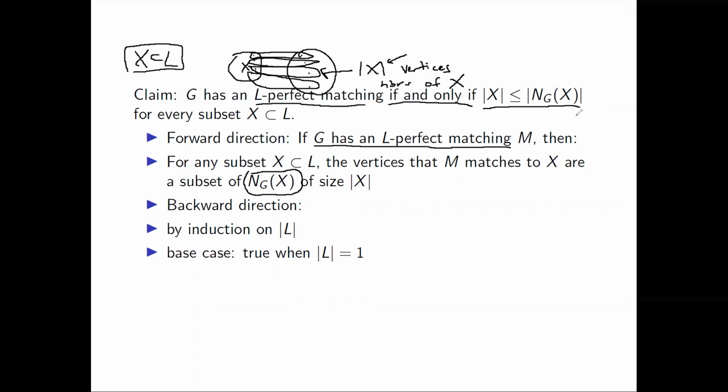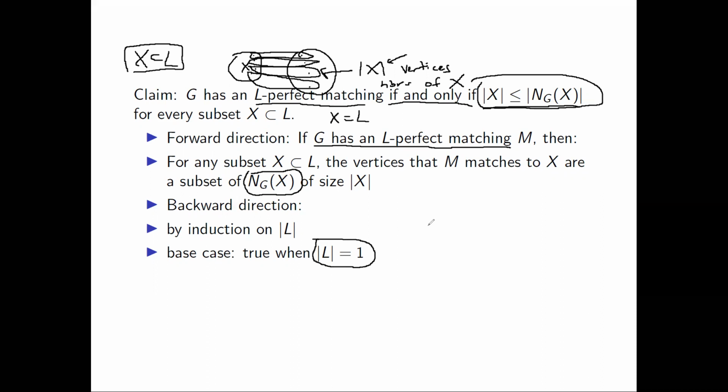In particular, we can take the whole subset, so we can take X equals L. And this criterion tells us then that the cardinality of L is less than or equal to the cardinality of the neighborhood of L. So that tells us that the vertex in L, in this case, when L just has size 1, it has a neighbor by the criterion.